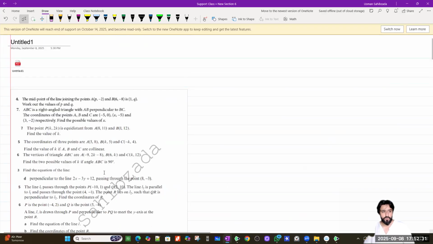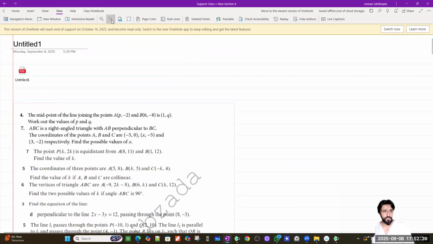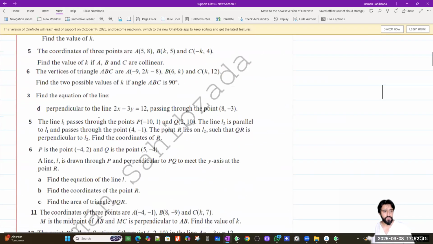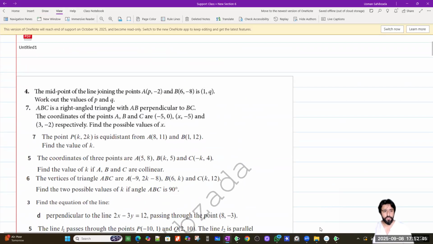Then let's go to the exercise questions from the very basics, where we started in schools. Here we have the first question, question number 4: the midpoint of the line A and B is given.